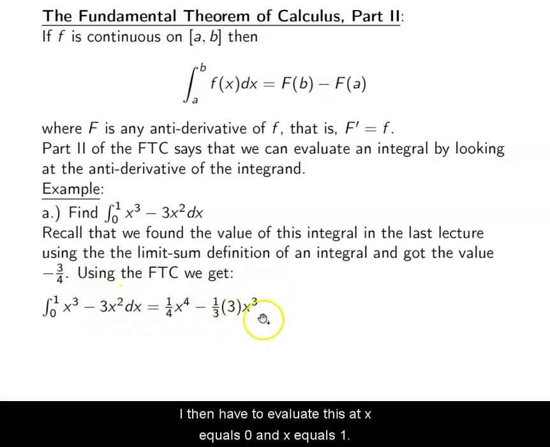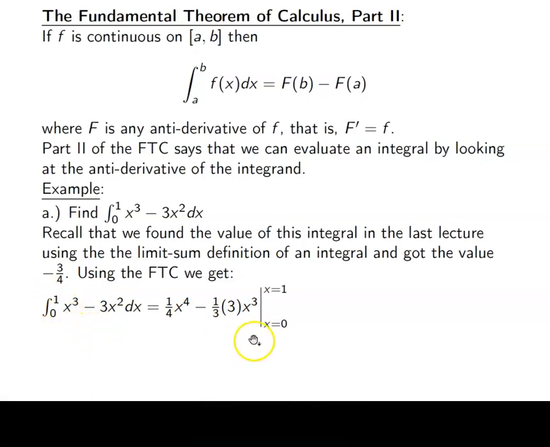I then have to evaluate this at x equals 0 and x equals 1, okay? So this line here means that I plug in 1 everywhere I see x, and I subtract from that me plugging in 0 everywhere I see x.